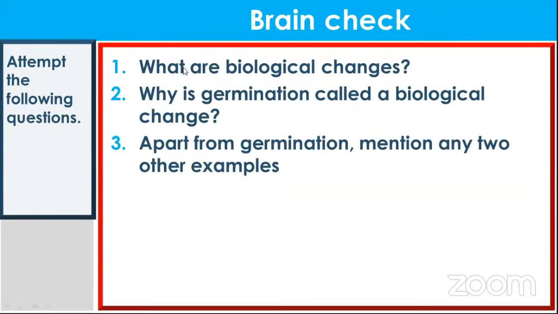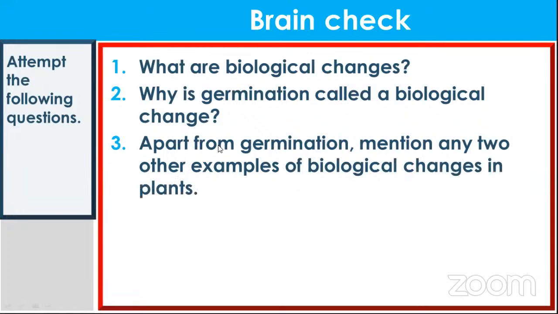Apart from germination, mention any 2 other examples of biological changes in plants. Yes, Adam Gary. Flowering. We have flowering. They asked for 2. Can you give another one? Fruiting. Fruiting, very good.